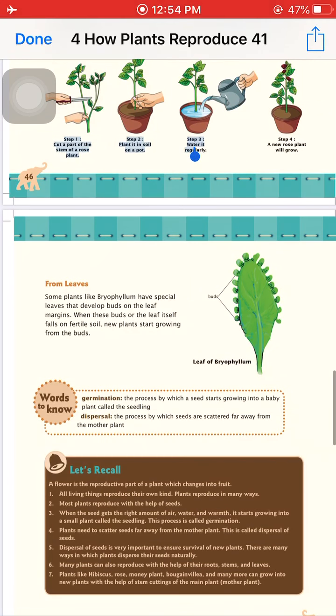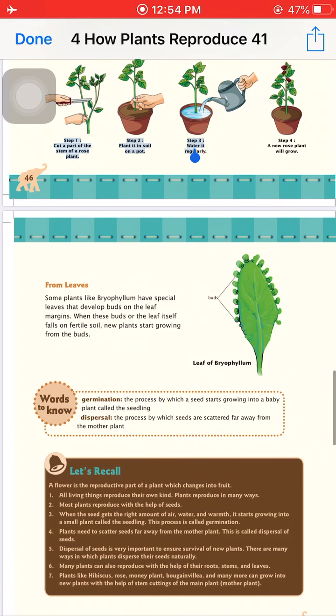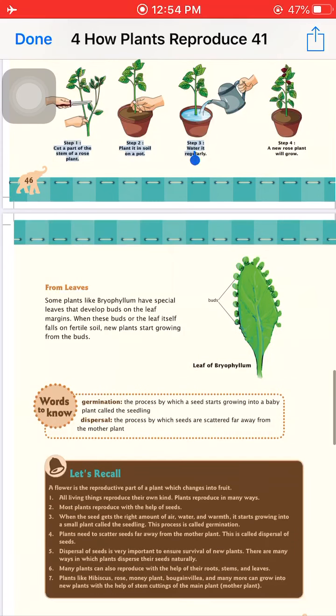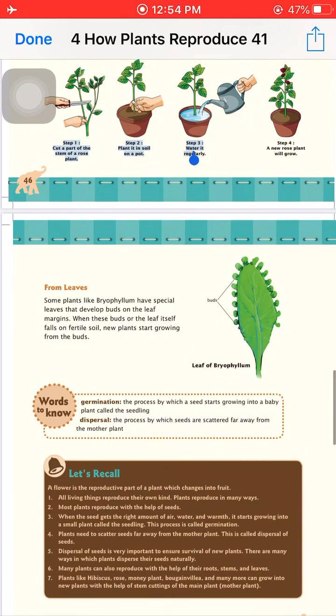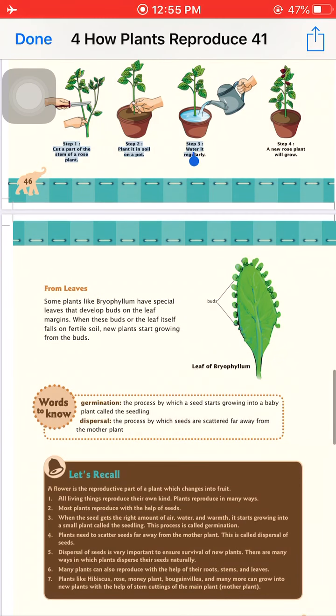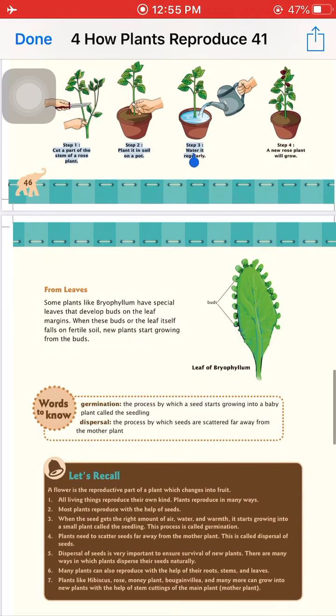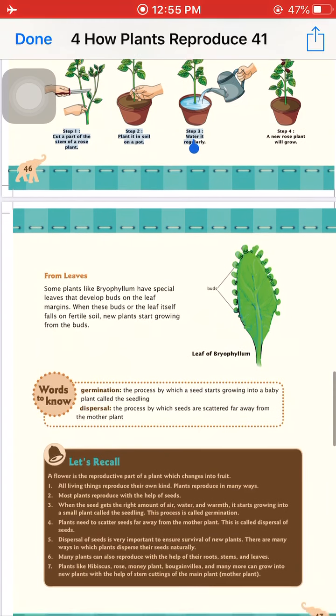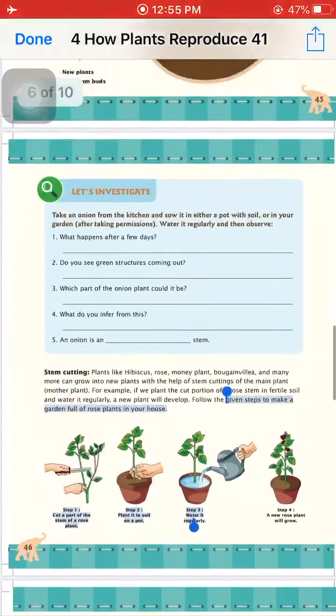As you see in the leaf of bryophyllum, a structure of small buds appears on the margin of the leaf. If these buds fall on the ground or soil, they give birth to a new plant.